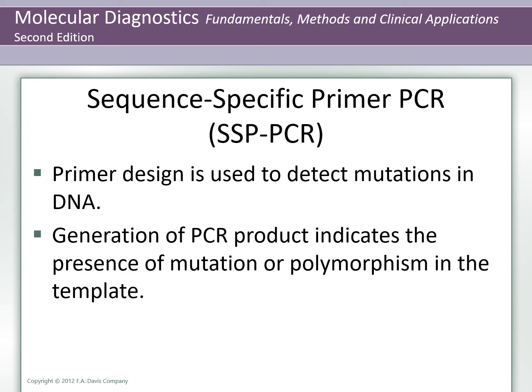By designing primers to end on a mutation, the presence or absence of product is interpreted as the presence or absence of the mutation. Sequence-specific primer PCR is routinely used for high-resolution HLA typing and for detection of commonly occurring mutations.